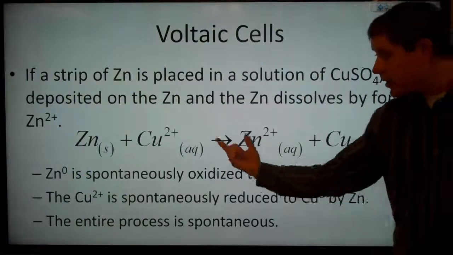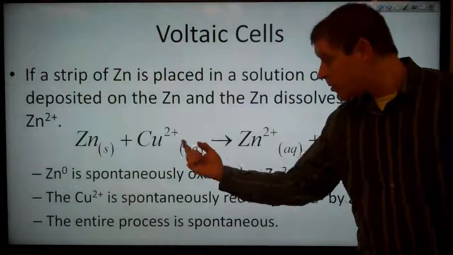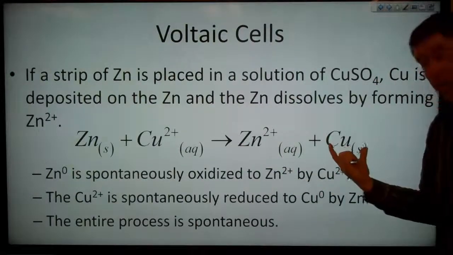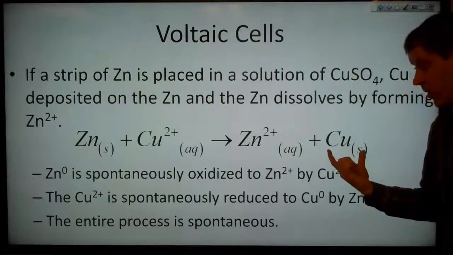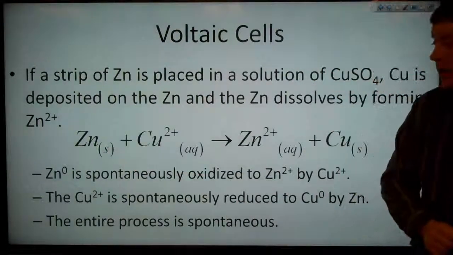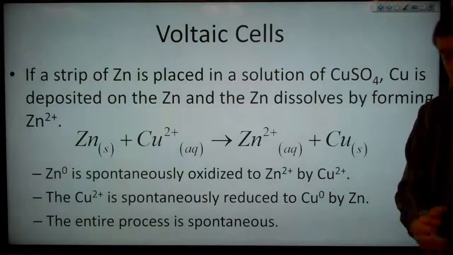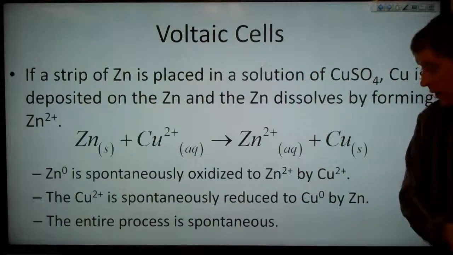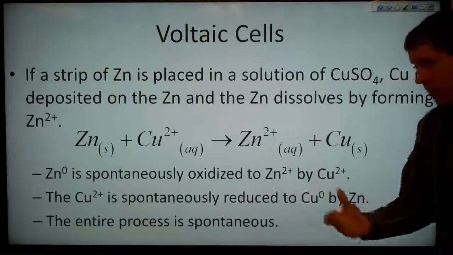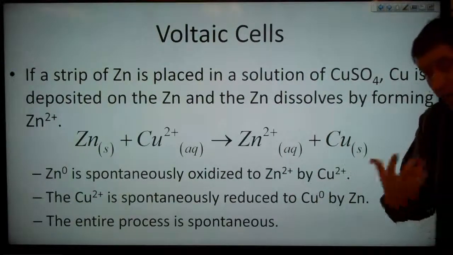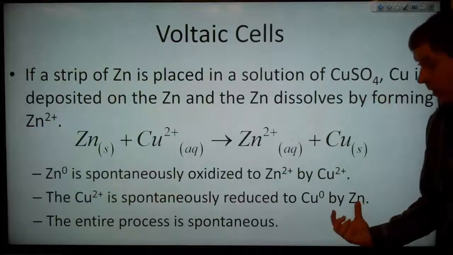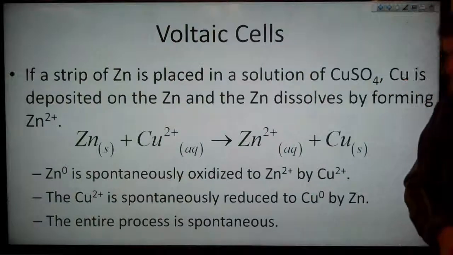Those react together, the electrons leave the zinc, go to the copper, and so the zinc ends up with a 2+ charge, the copper ends up with 0 charge, and so the zinc is oxidized by our copper 2+, and our copper 2+ is spontaneously reduced to copper 0 by our zinc 0.